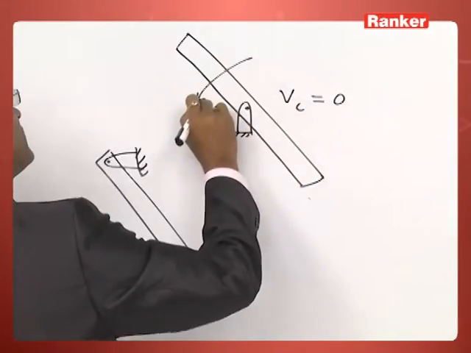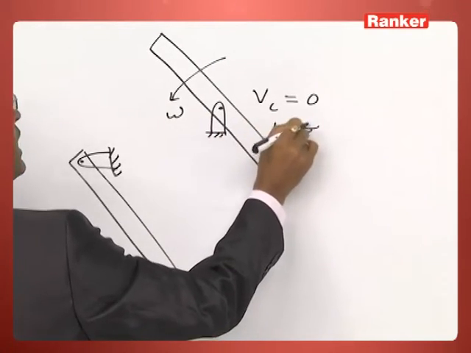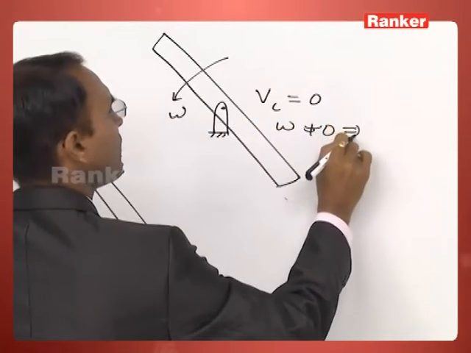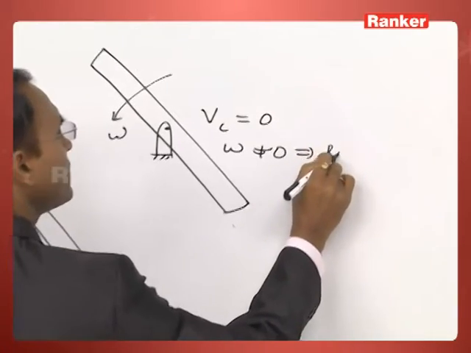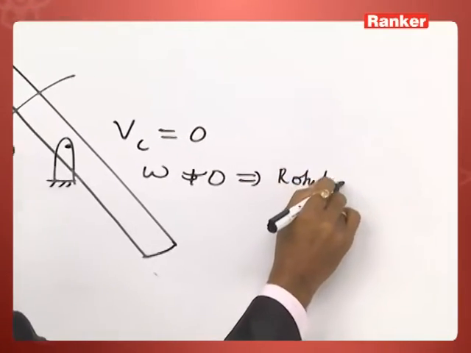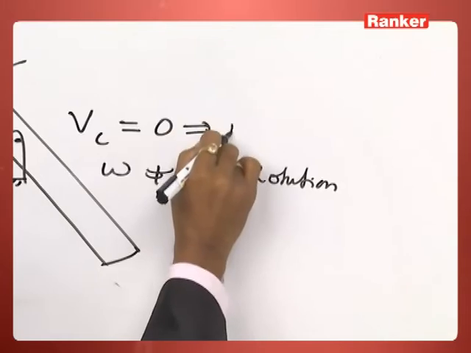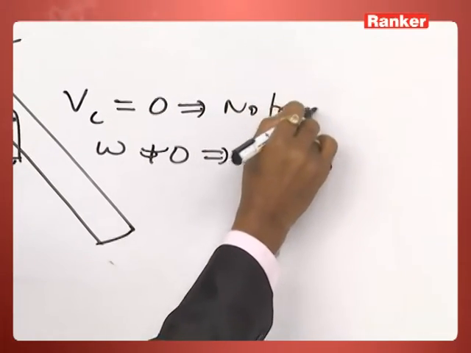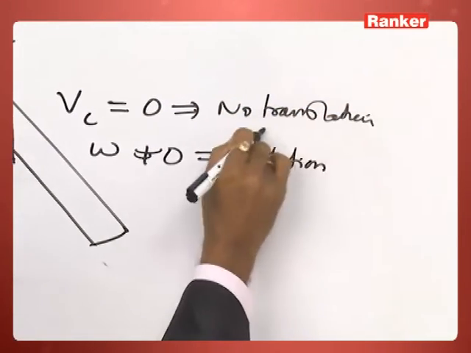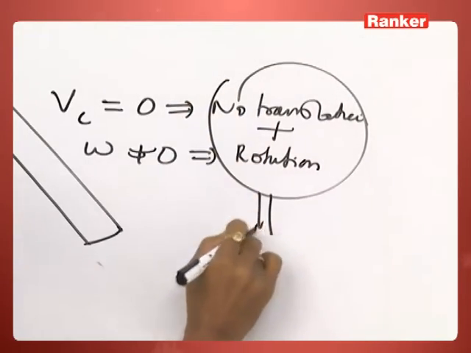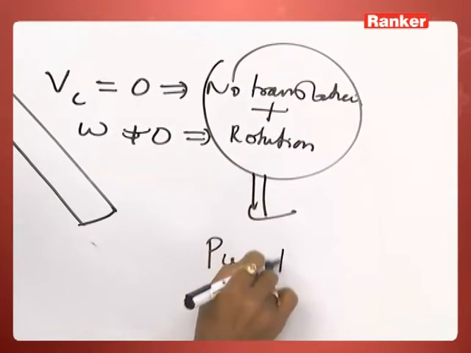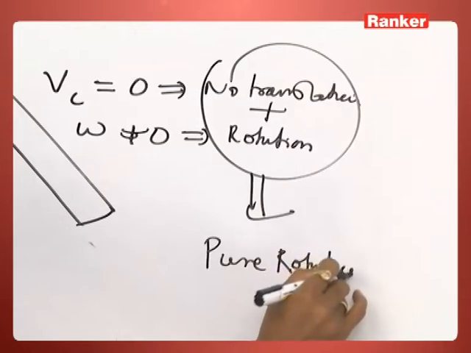And we can spin it. Omega is not equal to 0, therefore it is rotating. And there is no translation. Rotation with no translation is called pure rotation, only rotation.